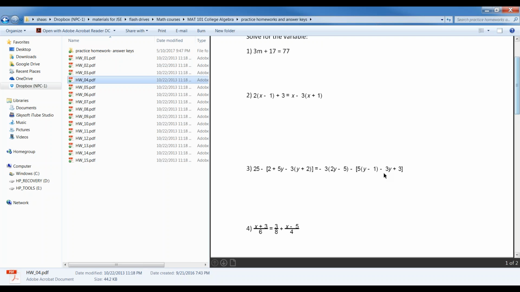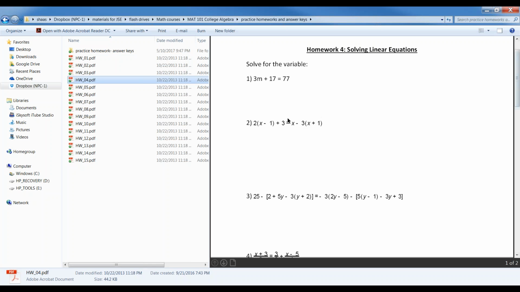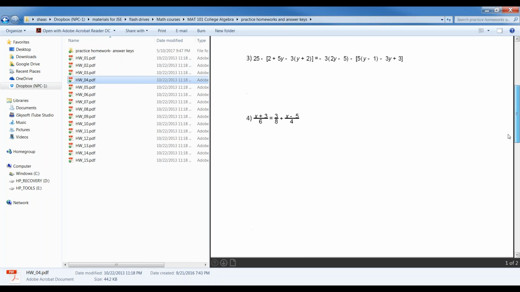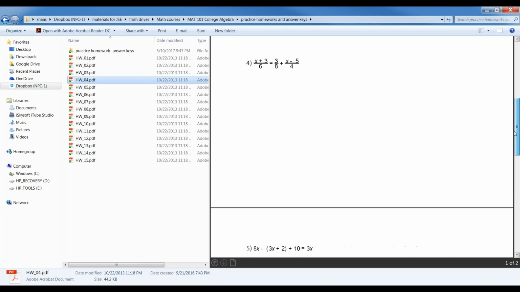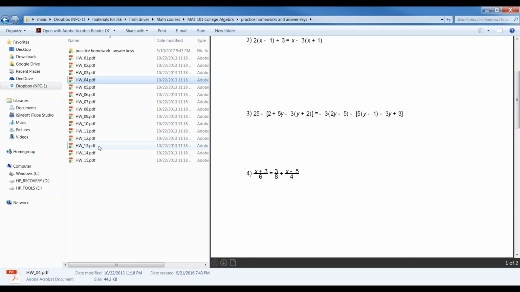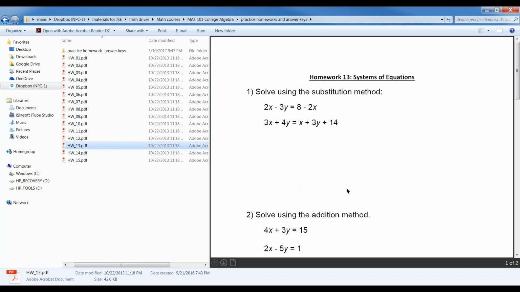We're not going to give you something quite this hard on an exam. I gave you this in the homework just so you can practice on it. But the questions that you're going to see on the exam are probably more comparable to something like this, or to a word problem like this, than the most complex problems, but the problems will be comparable to the ones on the homework.